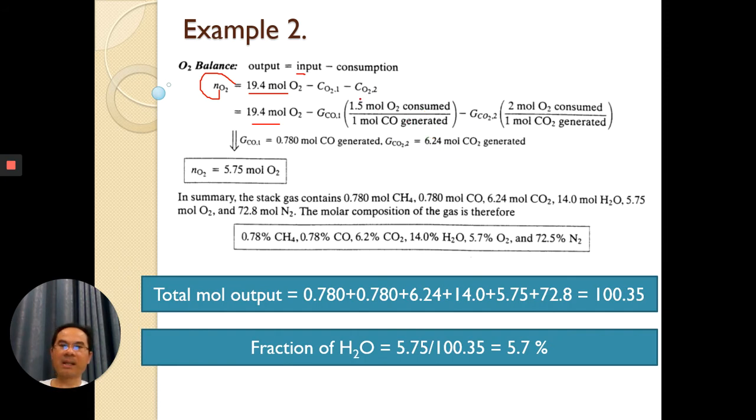Minus the consumption of oxygen from equation 2, the generation of CO2 from the second reaction multiplied by 2 mole oxygen consumed per 1 mole CO2 generated. You substitute GCO1 and GCO2, and you can solve for NO2, which equals 5.75 mole O2.